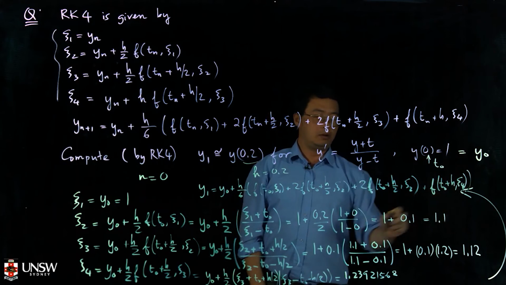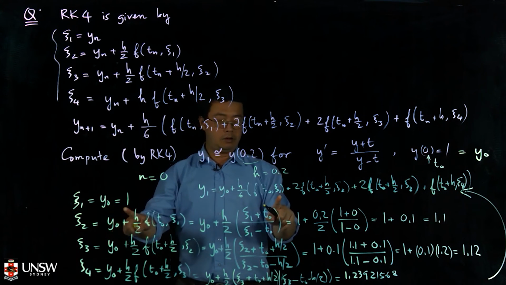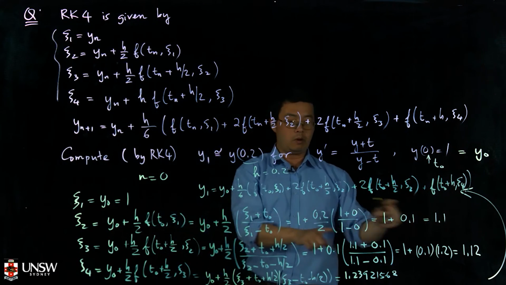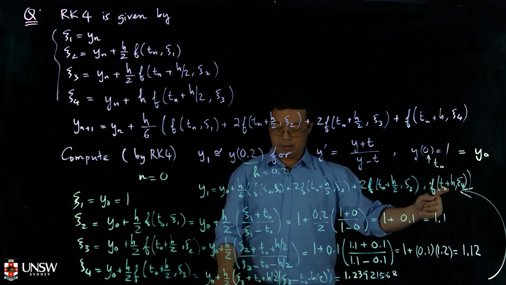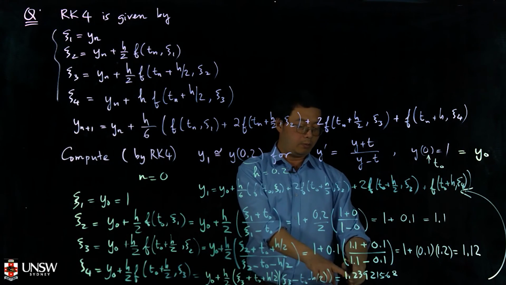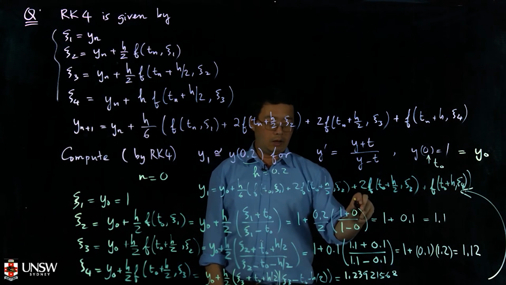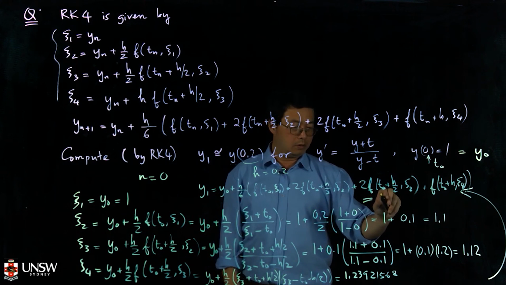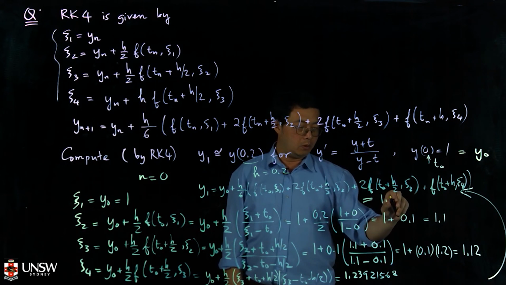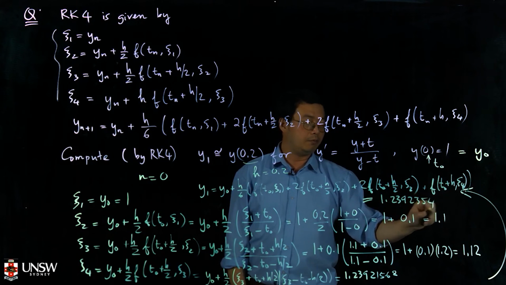You can put all the numbers in because xi1 is 1, xi2 is 1.1, xi3 is 1.12, xi4 is 1.23, and so on. Then you plug in all the numbers, and in the end you will get y1 is about 1.23925354. Okay.